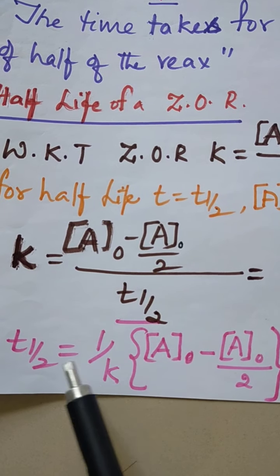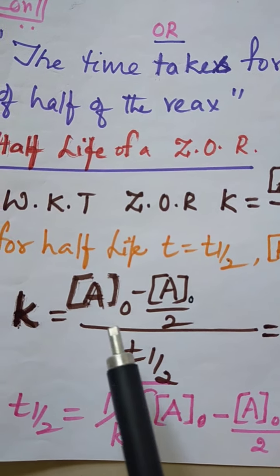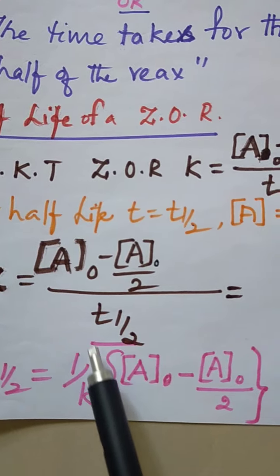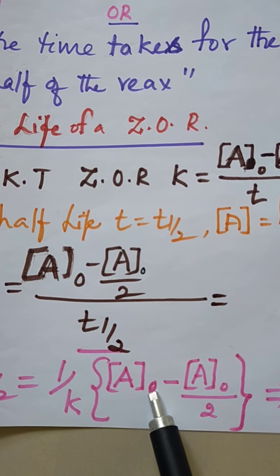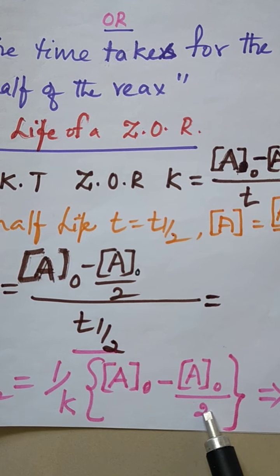Then it becomes t half is equal to, just rearranging these values, 1 by K, with K in the denominator, multiplied by A naught minus A naught by 2, the initial concentration minus half of itself.